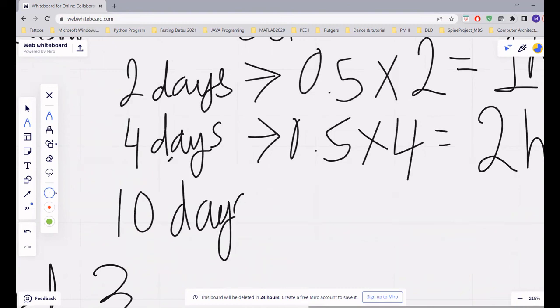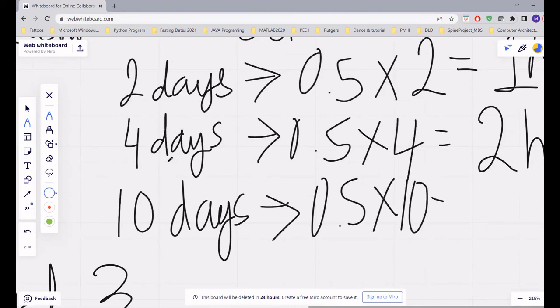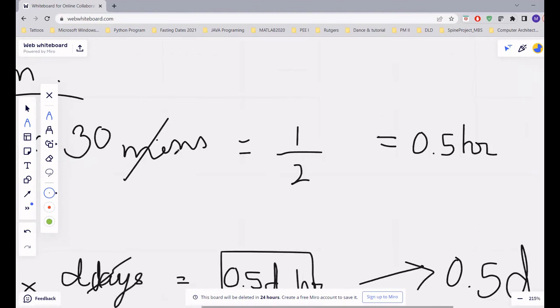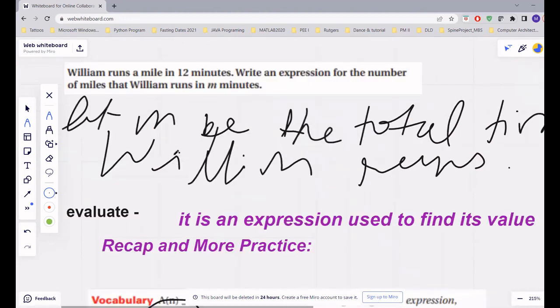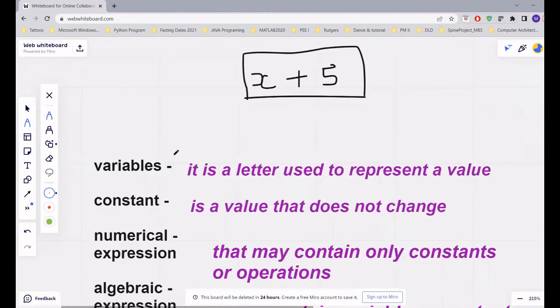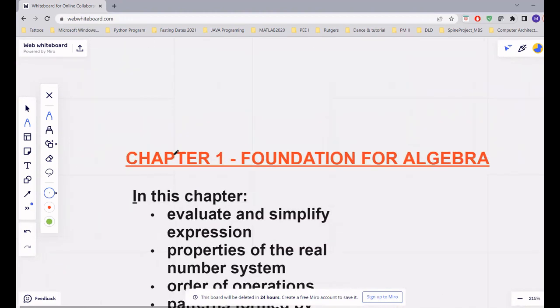How many hours would she cover in 10 days? 0.5 times 10, which is 5 hours. And this is how you solve this problem. I hope you guys have understood section 1 of the first chapter. Thank you.